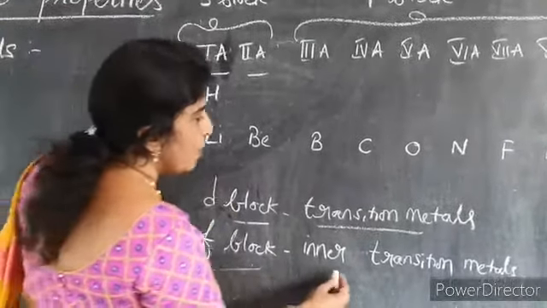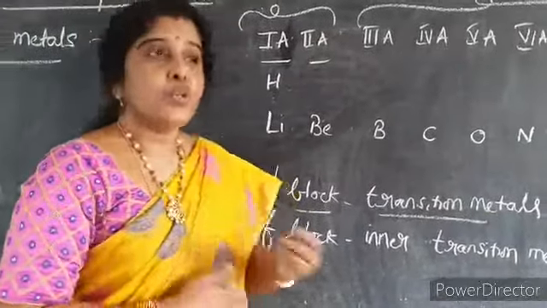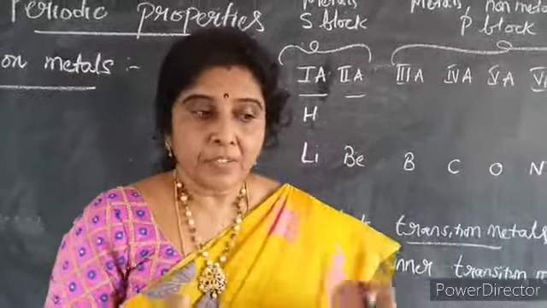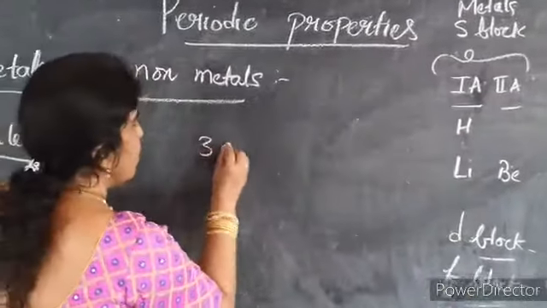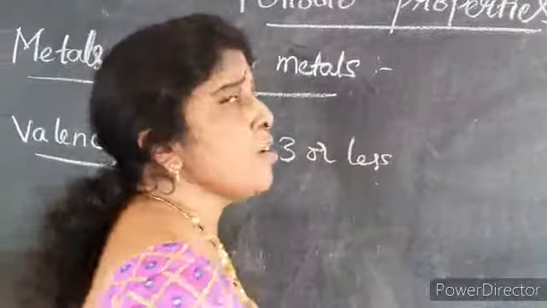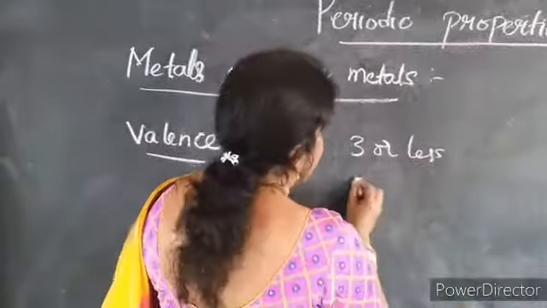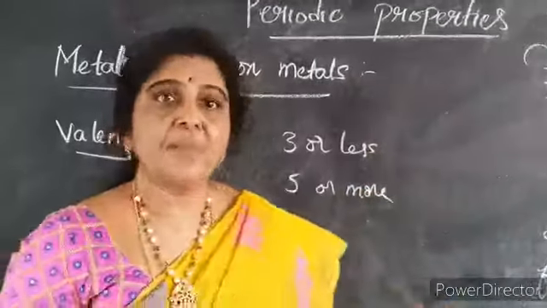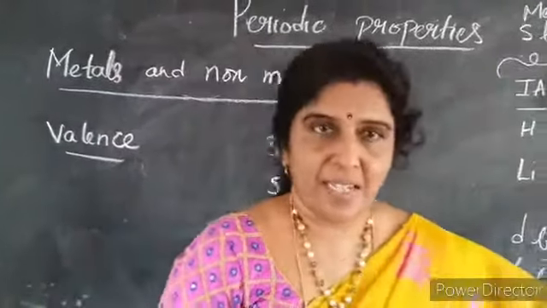Therefore, F block elements are known as inner transition metals. Usually, in terms of outer configuration, if the outer shell has 3 or fewer electrons, they are all metals. If there are 5 or more electrons in the outermost shell, they are non-metals. So this is how generally we categorize.